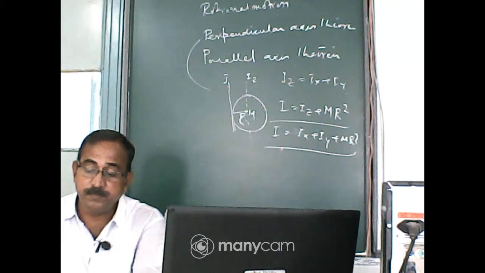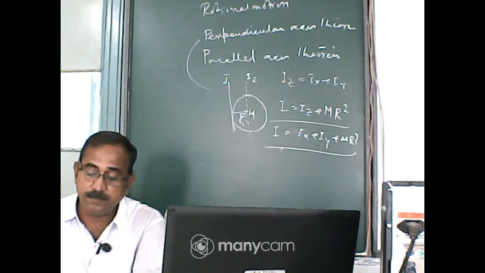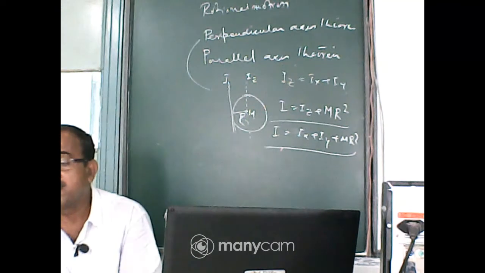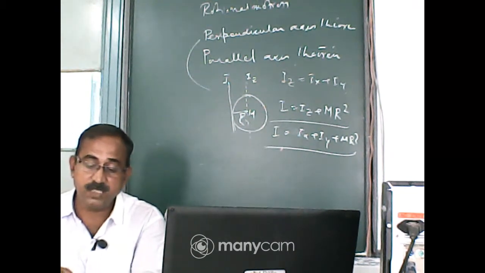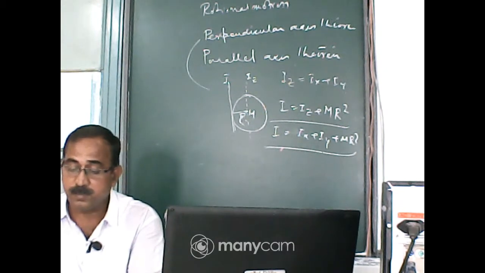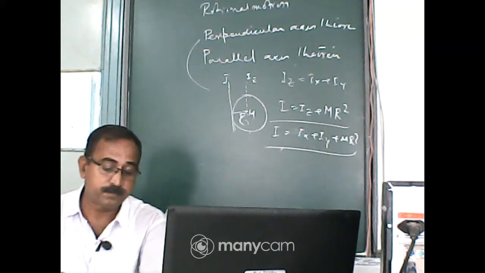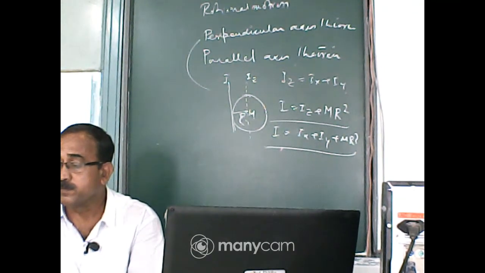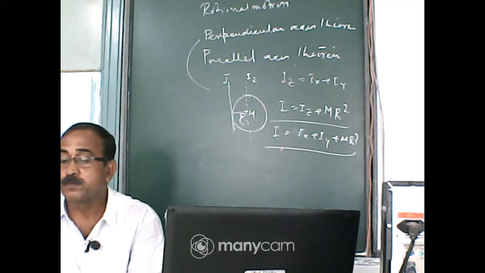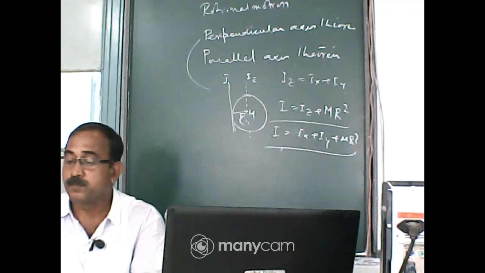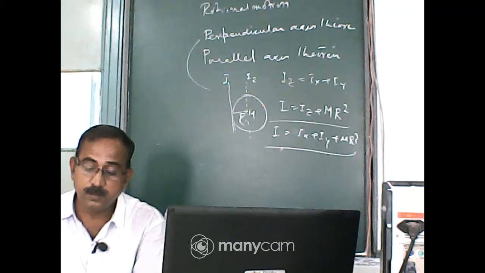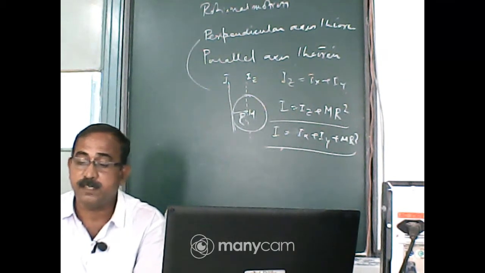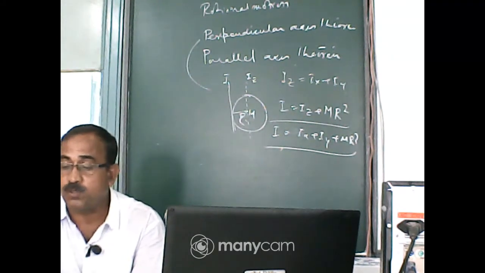So next is the kinetic energy. If the object is rolling on the surface, the combination of rotational motion and the translation motion of the rigid body is known as the rolling motion.